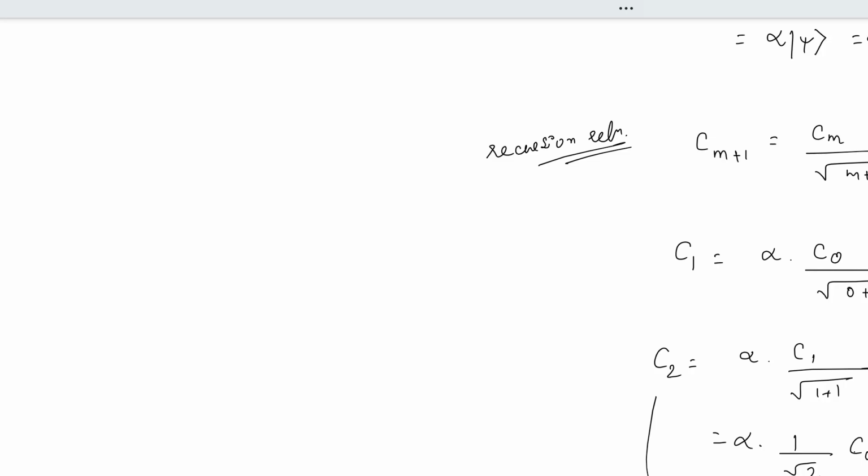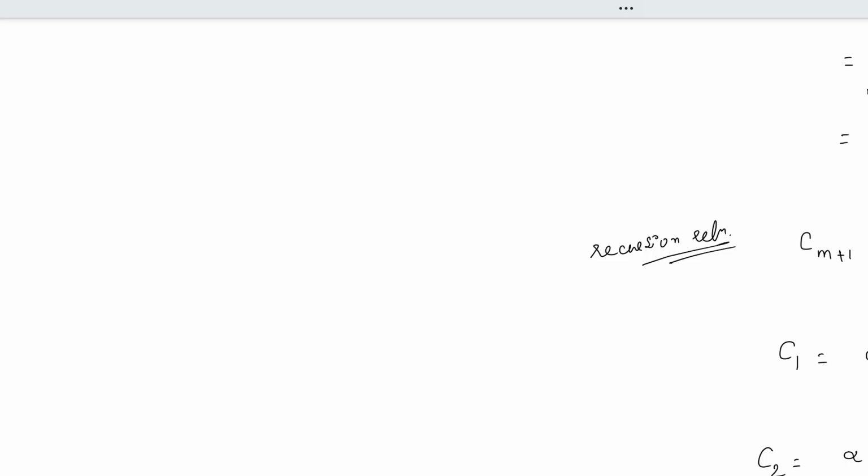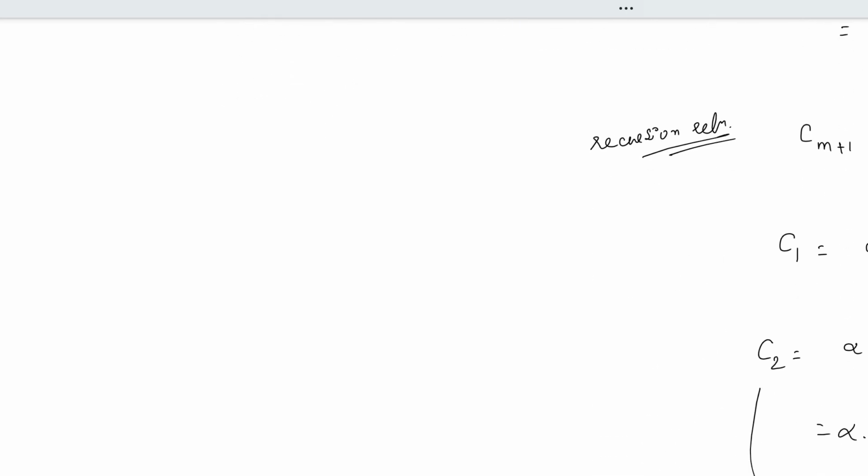So you are getting alpha cubed by root of 3 factorial C0. So in a general form you can write Cm equal to alpha to the power m over root of m factorial C0. So this is the relation that you obtain from this recursion relation, and once you have obtained this part, you can see that you have gotten your Cm.